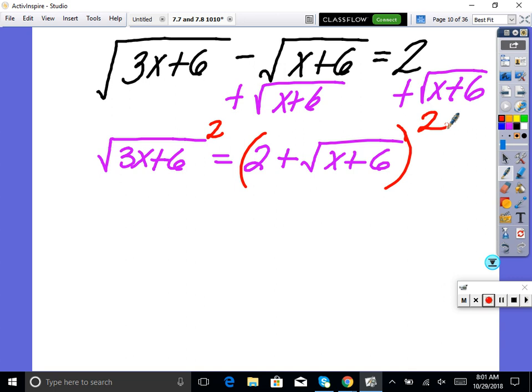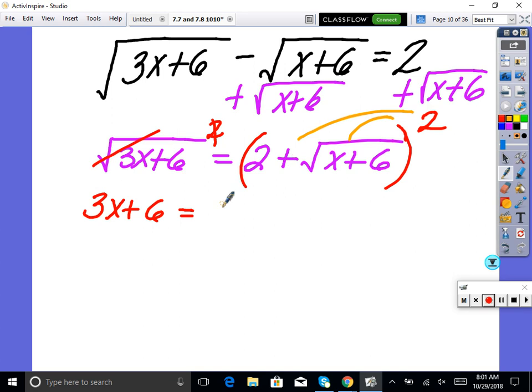So now over on the left it actually is really pretty. Root cancels out with power all nicely. And we have 3x plus 6 is equal to. Now over here we're not going to break the forbidden rule and think that we can just square that. We can't do that across addition signs. So when we have something squared, don't we have to write it out timesing itself twice?